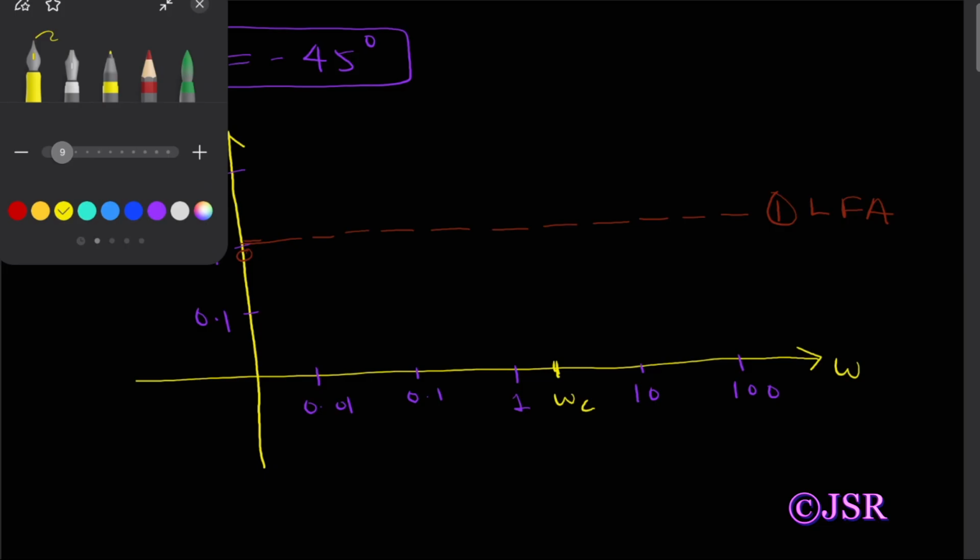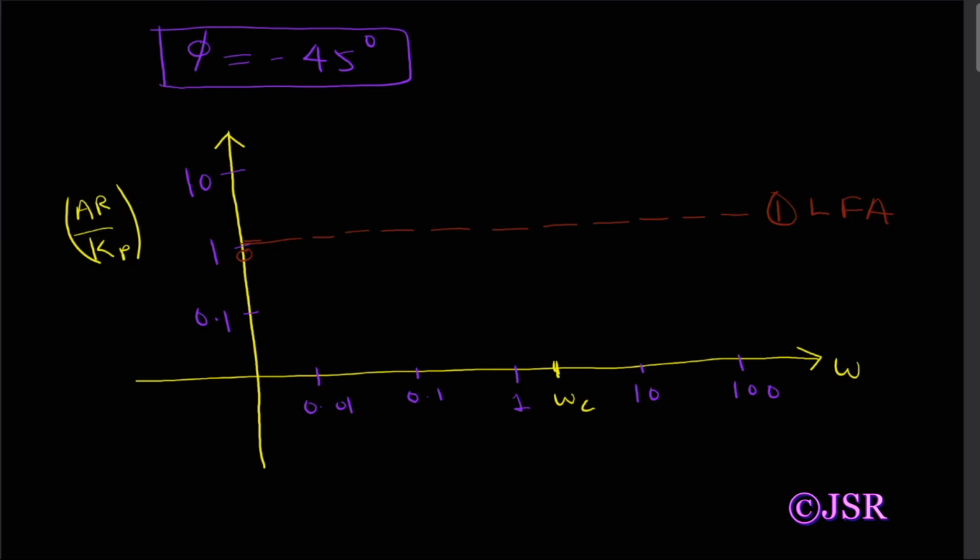So at this point, if we extend a vertical line, we will have the intersection of the low frequency asymptote and the high frequency asymptote.